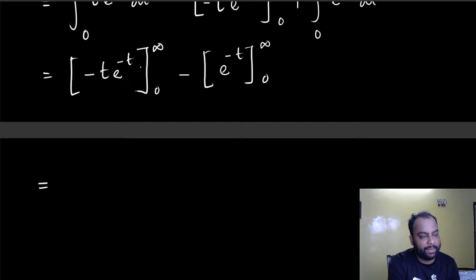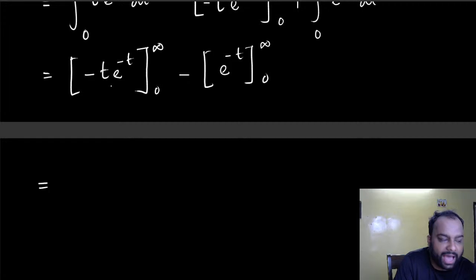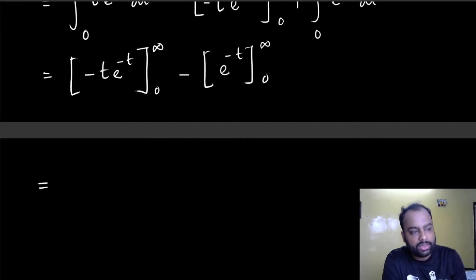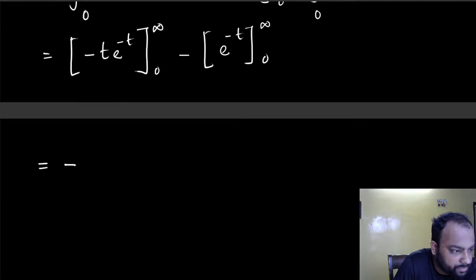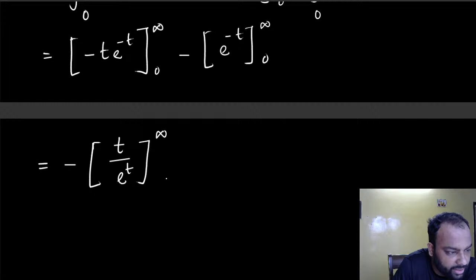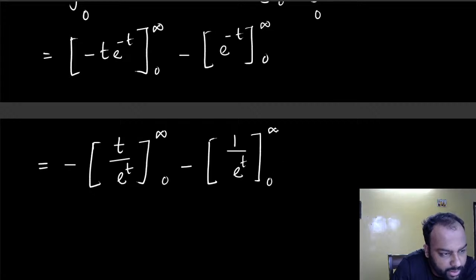Let me just write this down again: this is t divided by e to the power t with limits 0 to infinity, and minus 1 by e to the power t from 0 to infinity, right?